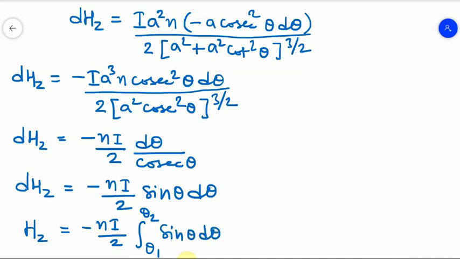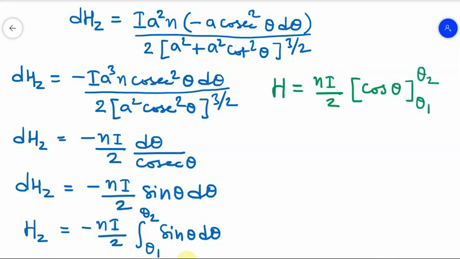So H equals n I upon 2, and the integration is minus cos theta, so minus minus plus, so it is cos theta, with the limit from theta 1 to theta 2.